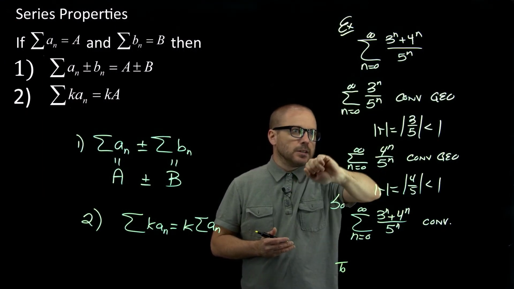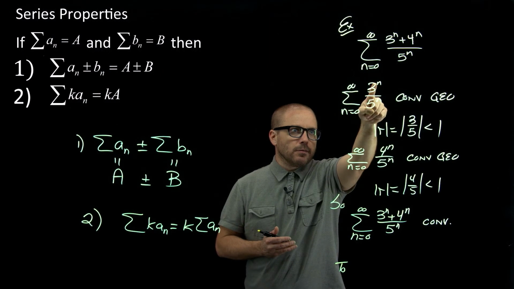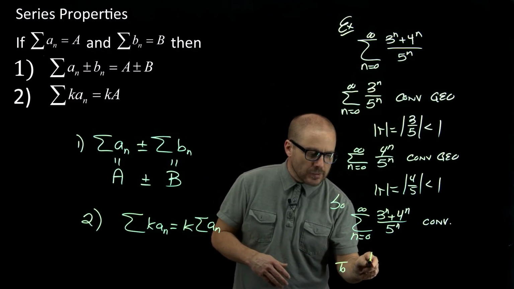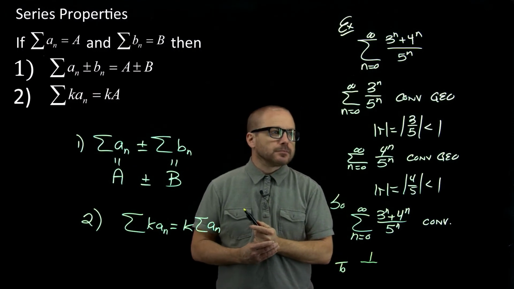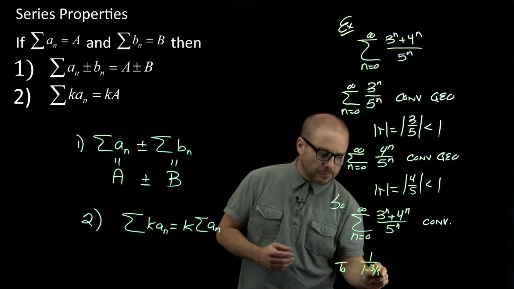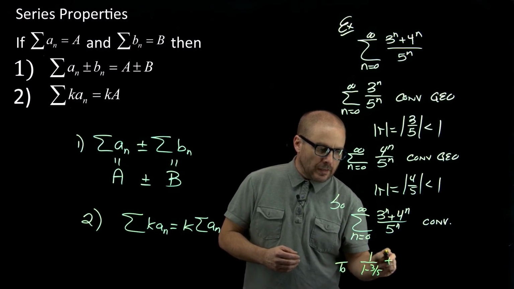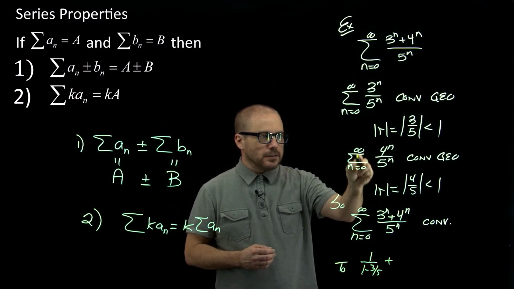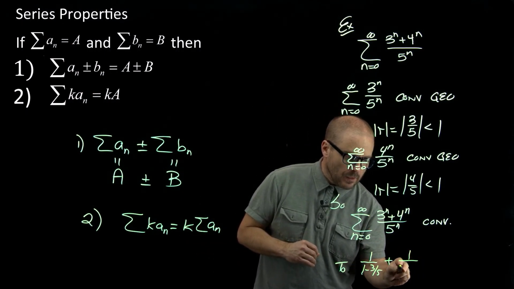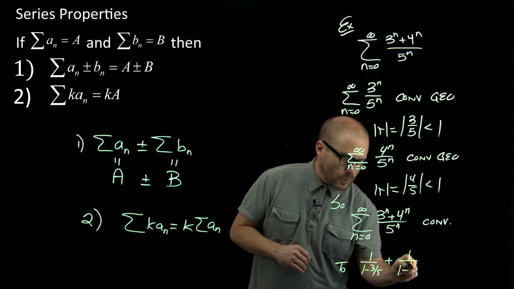So in this series, when n is 0, you get 3 to the 0 over 5 to the 0, which is just 1. So in that first series, a is 1 over 1 minus 3/5. And then in this series, when n is 0, again, the first term is 1, over 1 minus 4/5.